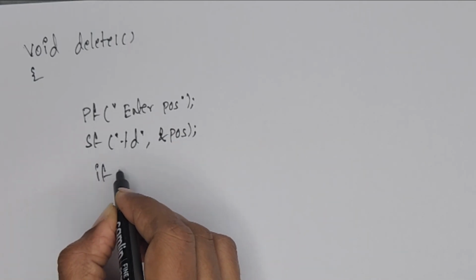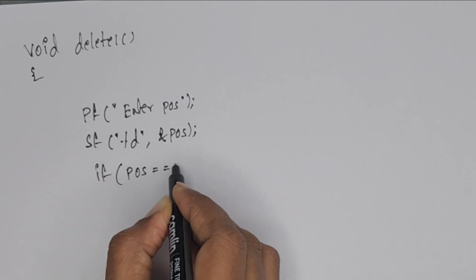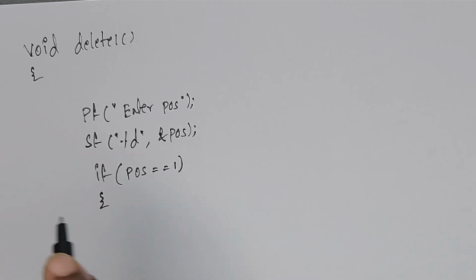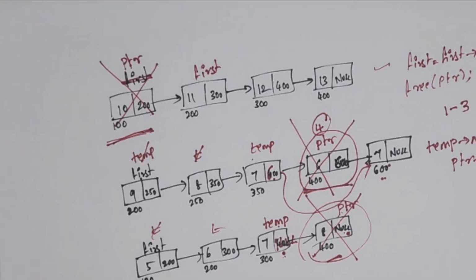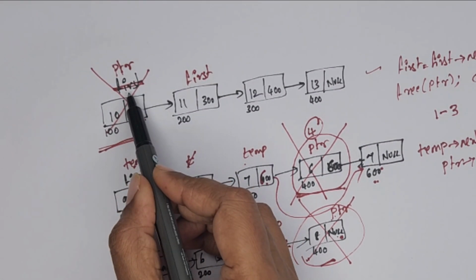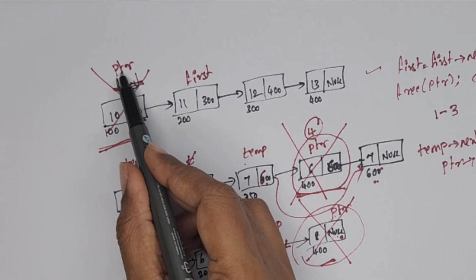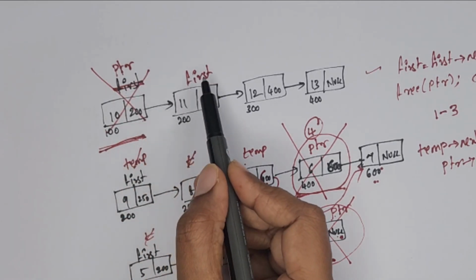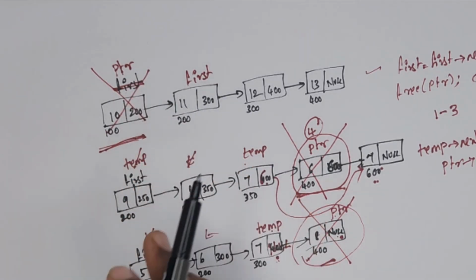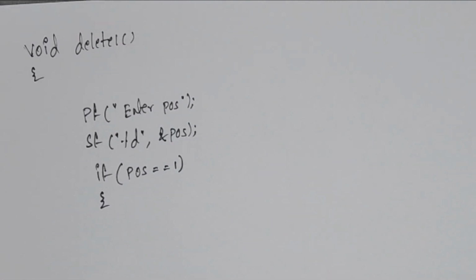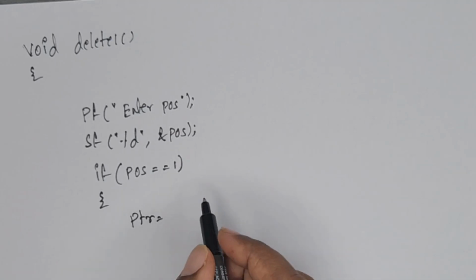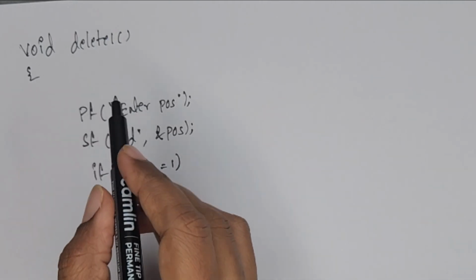If position equals 1, it means we have to delete the first node. Just now we discussed how to remove the first node. The first is assigned to PTR. Then first moves to the next node. Then you can remove the PTR. Now first is assigned to PTR, but I did not declare PTR.